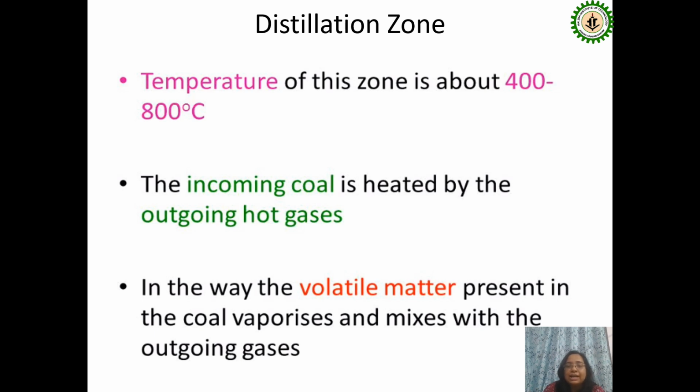In this zone, the incoming raw feed, that is the coal, will be heated by the producer gas, the outgoing hot gases, and as a result, if some volatile matter remains present in the coal, that will also vaporize and mix with the outgoing producer gases.